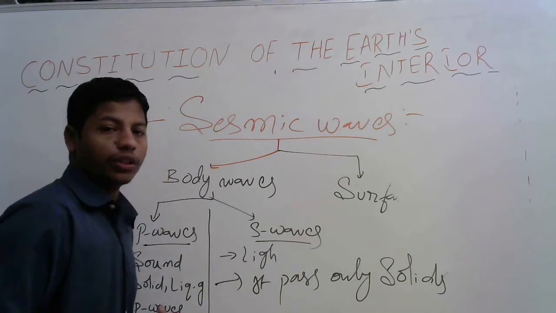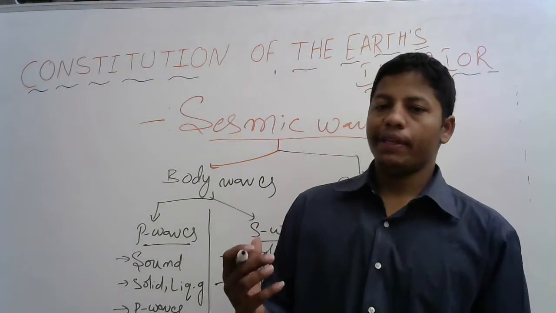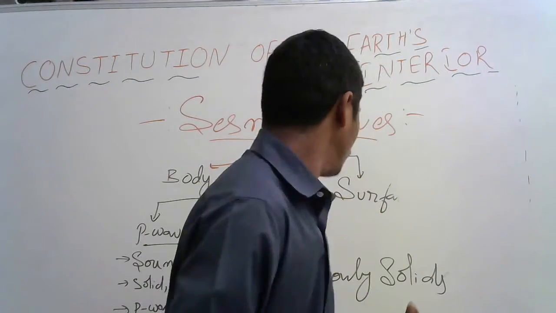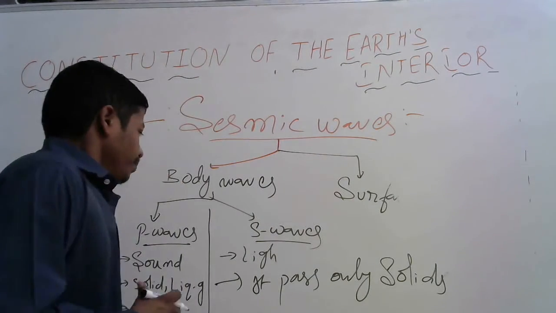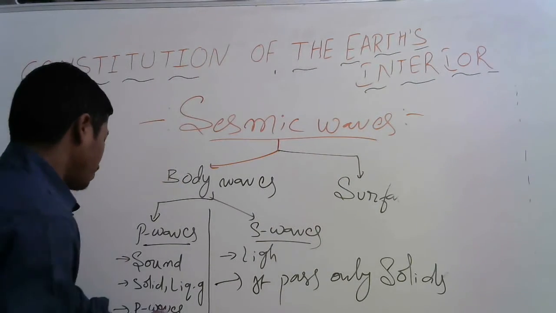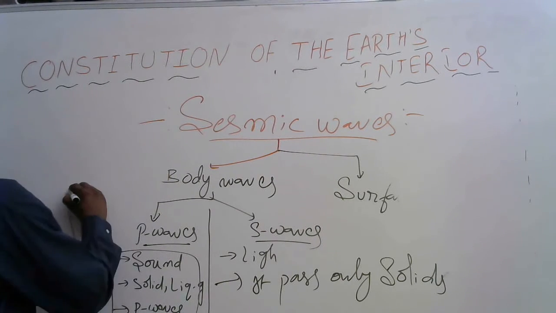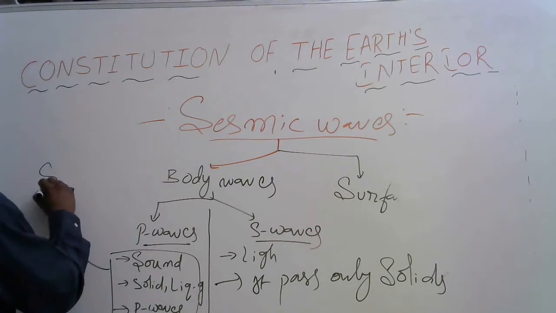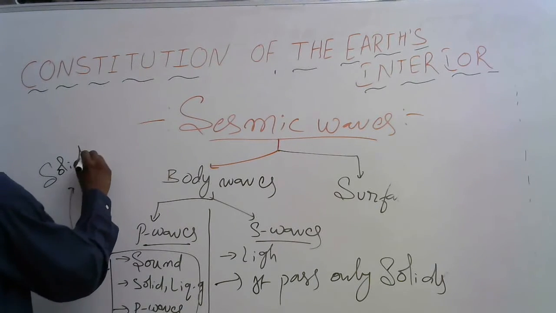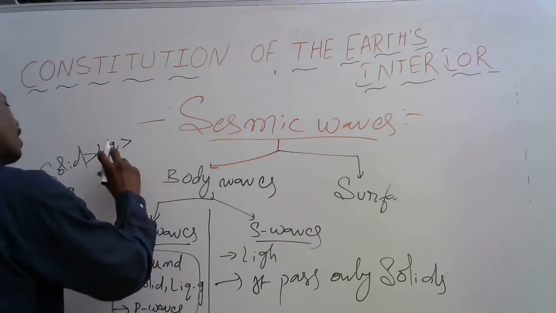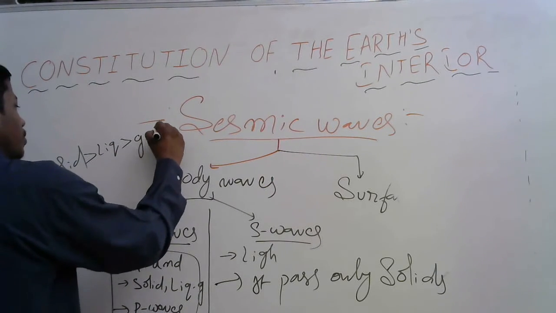First the P waves reach, and after that the S waves reach. The velocity of P waves differs by medium: in solid it is high compared to liquid, and in liquid it is high compared to gases.